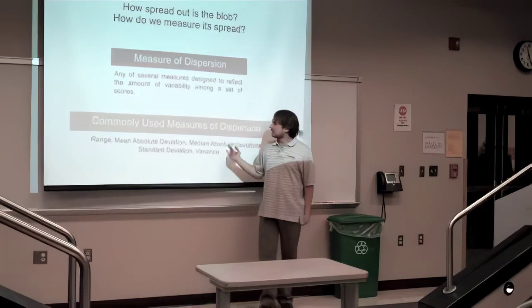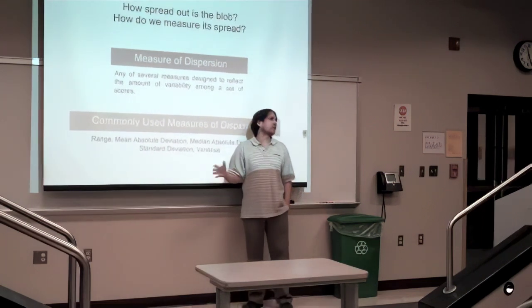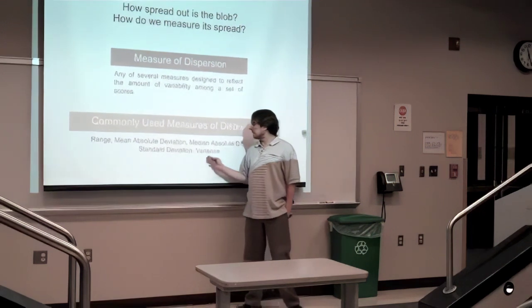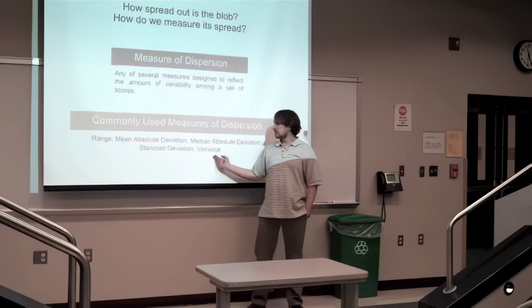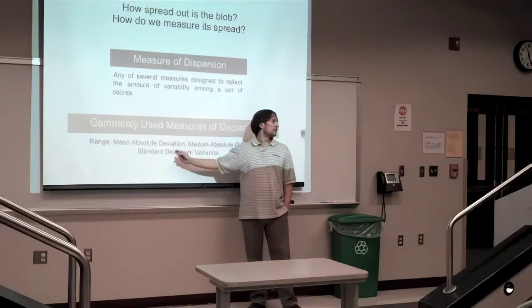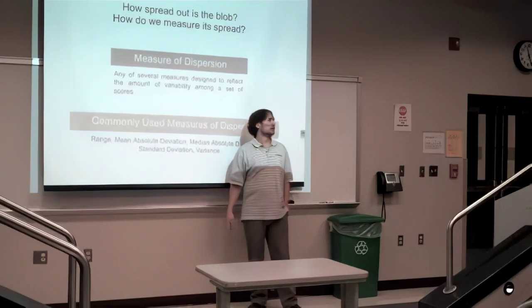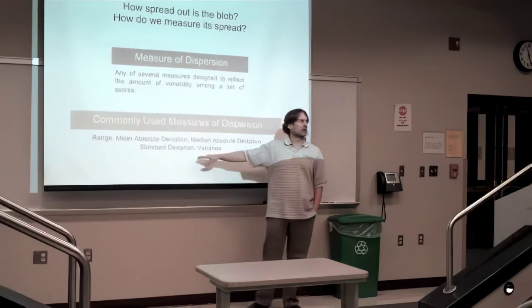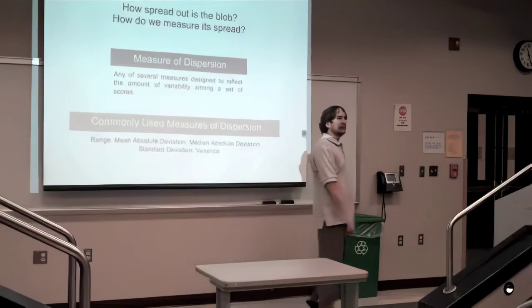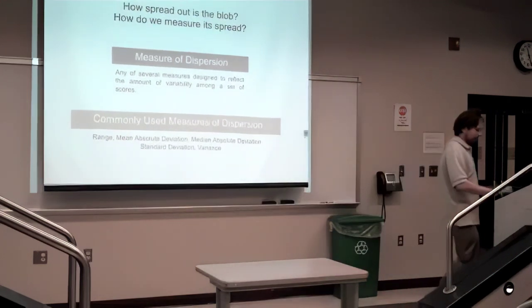From these, the only ones that are going to stick with us for the whole semester are standard deviation and variance, which are very closely related. This is this squared, and this is the square root of this. So if you know one, you know the other, and we'll talk about that in a bit. But the rest of these we're only going to be using primarily in this section.